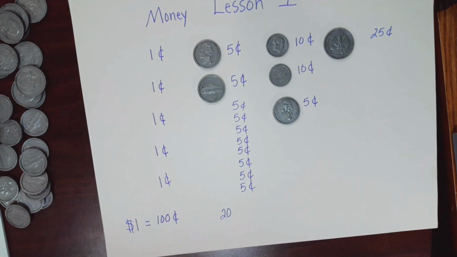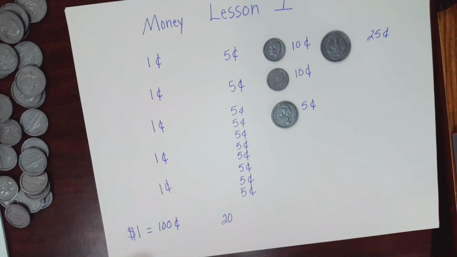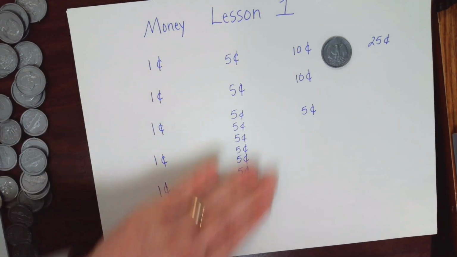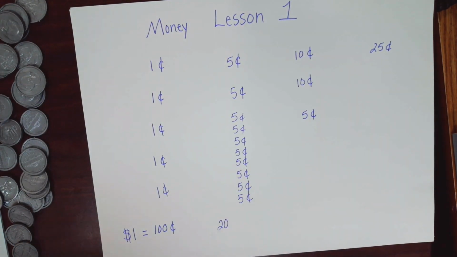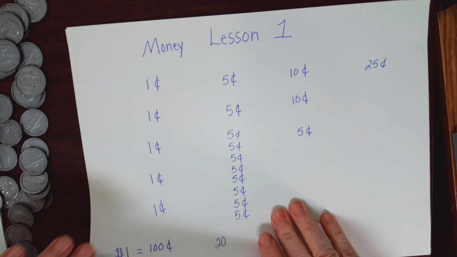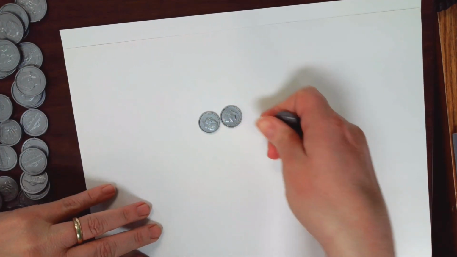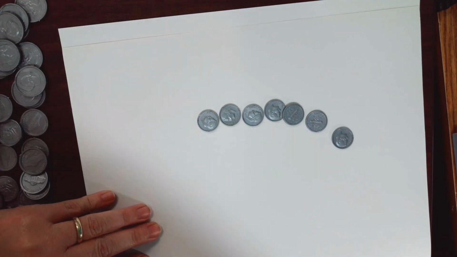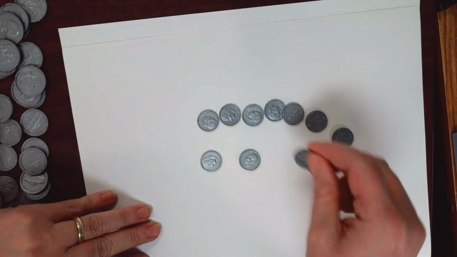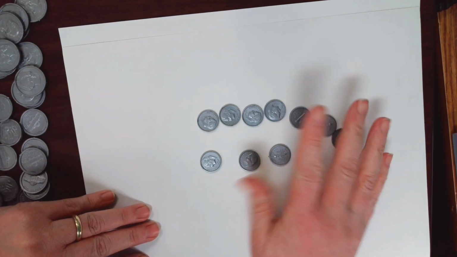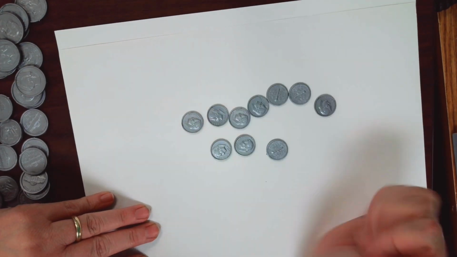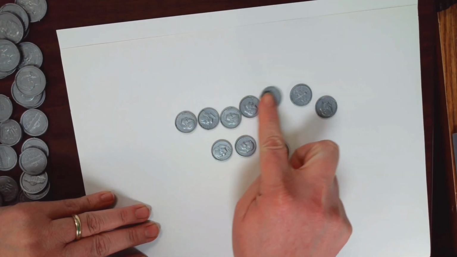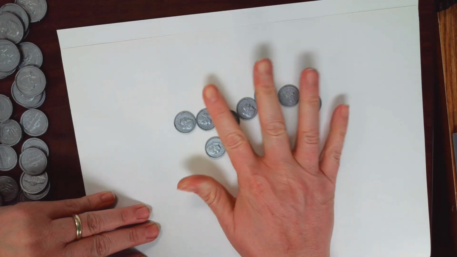If we count them, we're going to see that we need 10, 20, 30, 40, 50, 60, 70, 80, 90, 100. So that's 100 cents, which equals $1. So we have 1, 2, 3, 4, 5, 6, 7, 8, 9, 10 dimes.